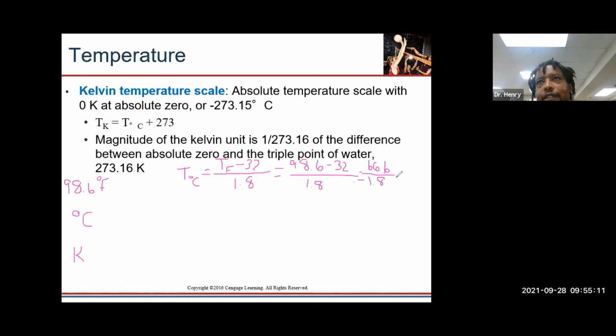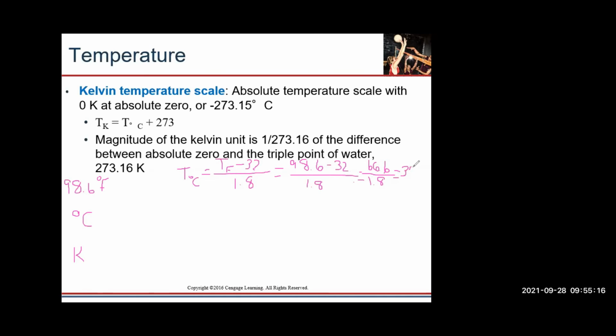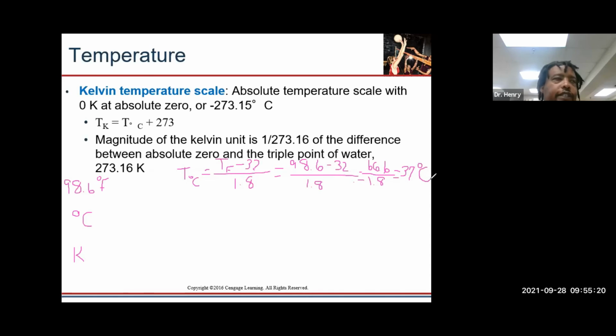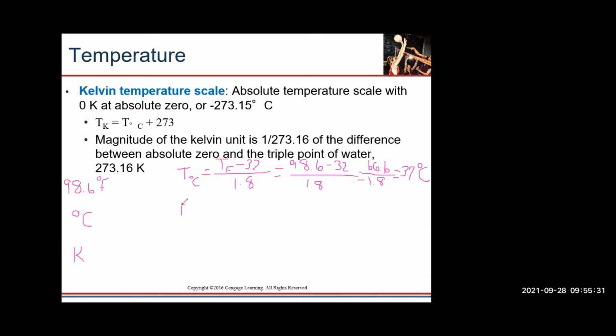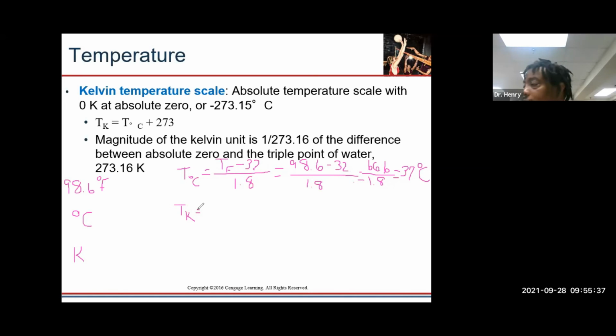So that's going to be 37 degrees Celsius. And 37 degrees is a temperature that yeast likes growing at. And if we change that to Kelvin, which equation am I going to use?